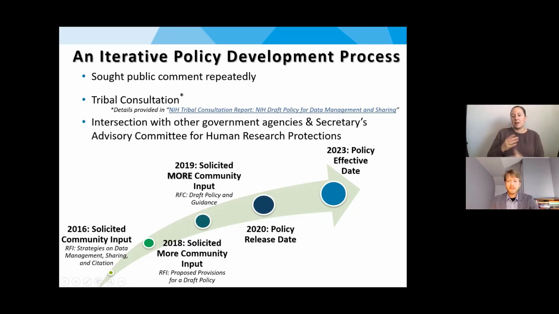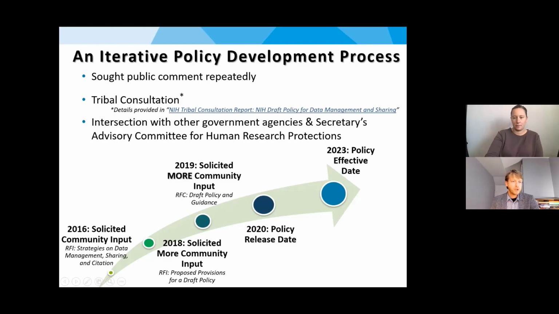And in 2016, we issued an RFI on strategies for data management and citation. The feedback on that RFI was used to develop another RFI on proposed provisions of a draft policy, which was published in 2018 for public comment. And feedback on that RFI was in turn used to develop a full draft of the policy, which was published for public comment in November 2019.